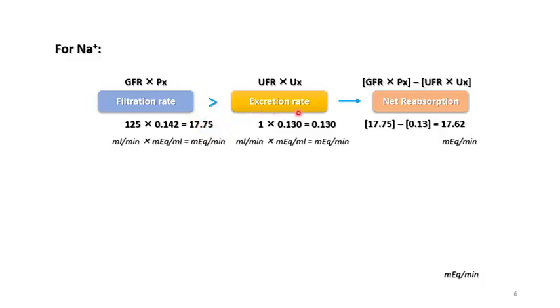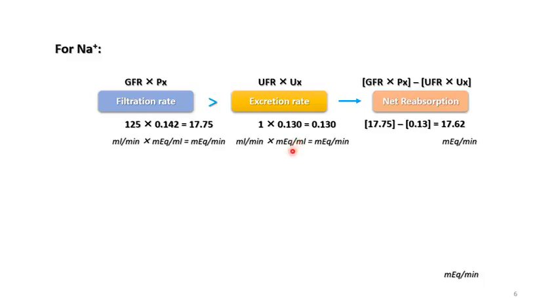What is the excretion rate? The normal urine flow rate is about 1 milliliter every minute. So urine flow rate is 1 milliliter per minute multiplied by urine concentration of sodium, which is about 0.13 milliequivalent per milliliter.